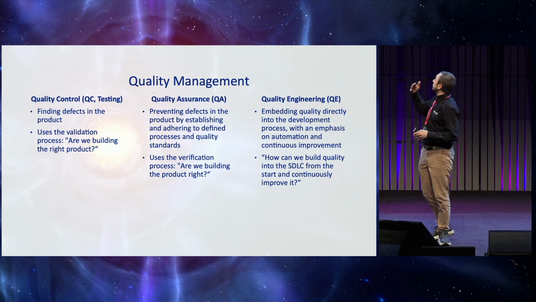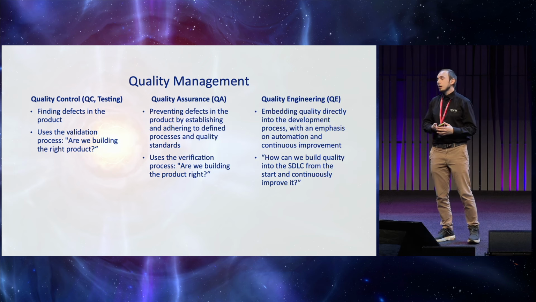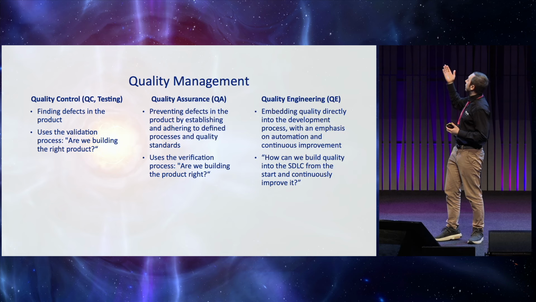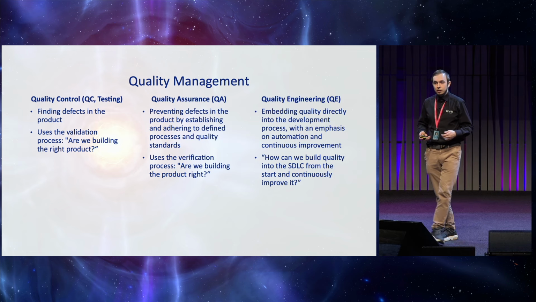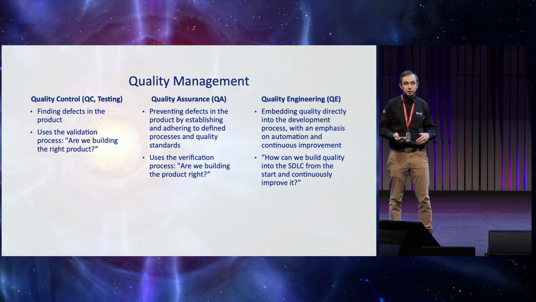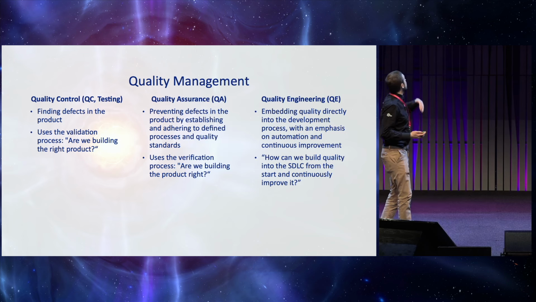Let's start with quality control, or simply put, testing. Quality control focuses on finding defects in the product. It uses the validation process. In other words, are we building the right product? But finding defects in the product is not the only way to address quality. We can also prevent defects from happening in the first place, and this is where quality assurance comes into play.